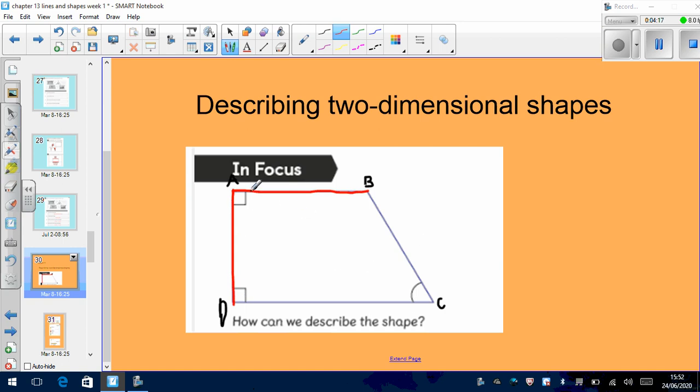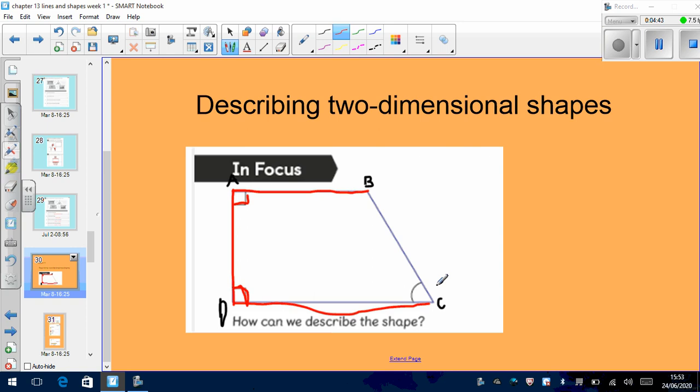It meets it at a right angle. The line AD is perpendicular to DC, because it meets it at a right angle. And it's that right angle. But AB is not perpendicular to BC because they don't meet at a right angle, and DC and BC also do not meet at a right angle. So well done.